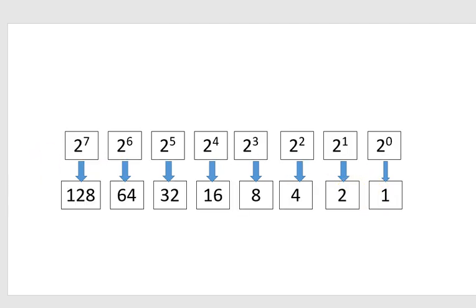Now, in the binary system, we have a base 2. So it's exactly the same as the decimal system, except it's a base 2 now, which means 2 to the power of 0 is 1. 2 to the power of 1 is 2, 2 to the power of 2 is 4, and you'll notice that 2 is a very convenient number because, without having to calculate 2 times 2 times 2, you multiply by an extra 2 at the end of each multiplication, which means effectively that you double all the way up.